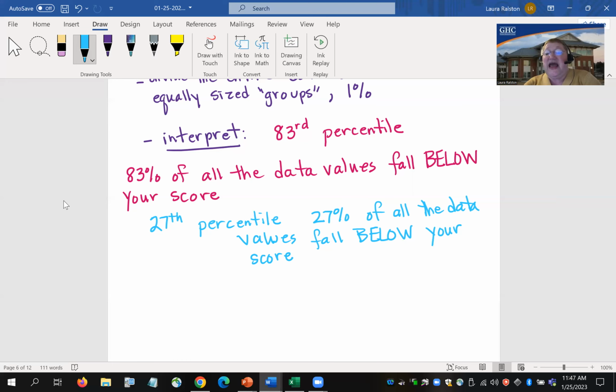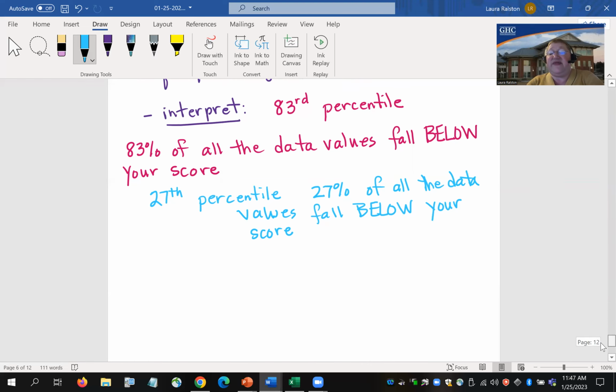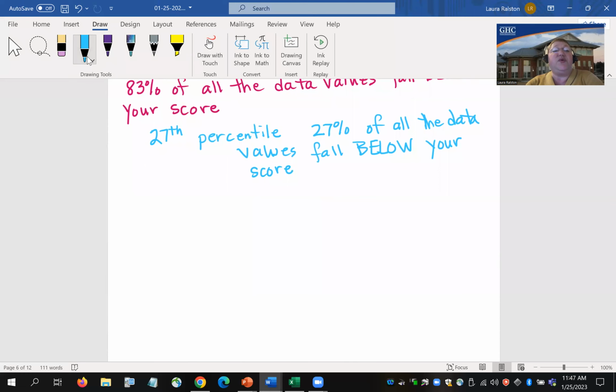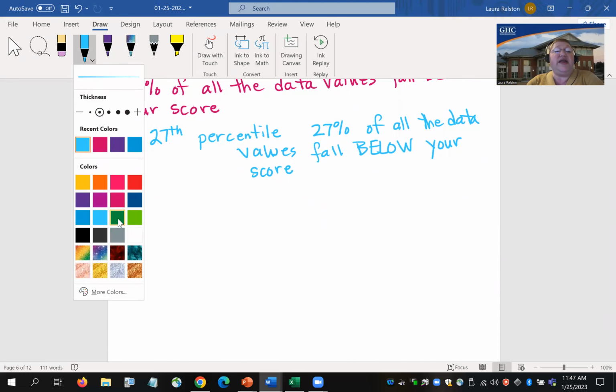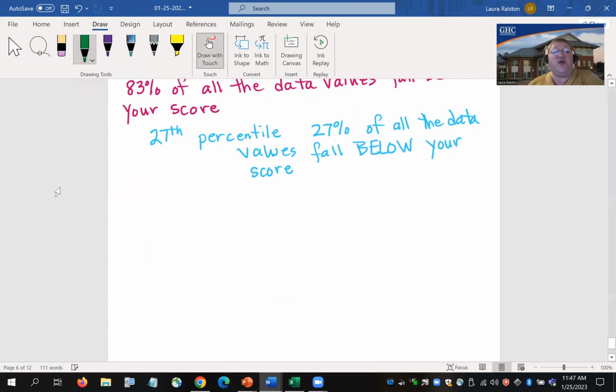Again, you're not going to be asked to calculate percentiles because there are different methods. We're actually going to focus on a subcategory of percentiles, which are called quartiles.